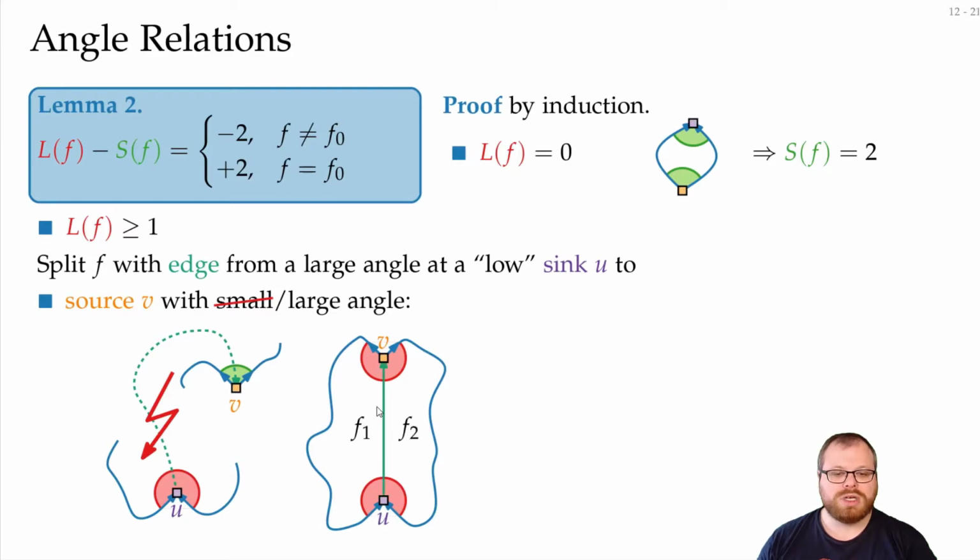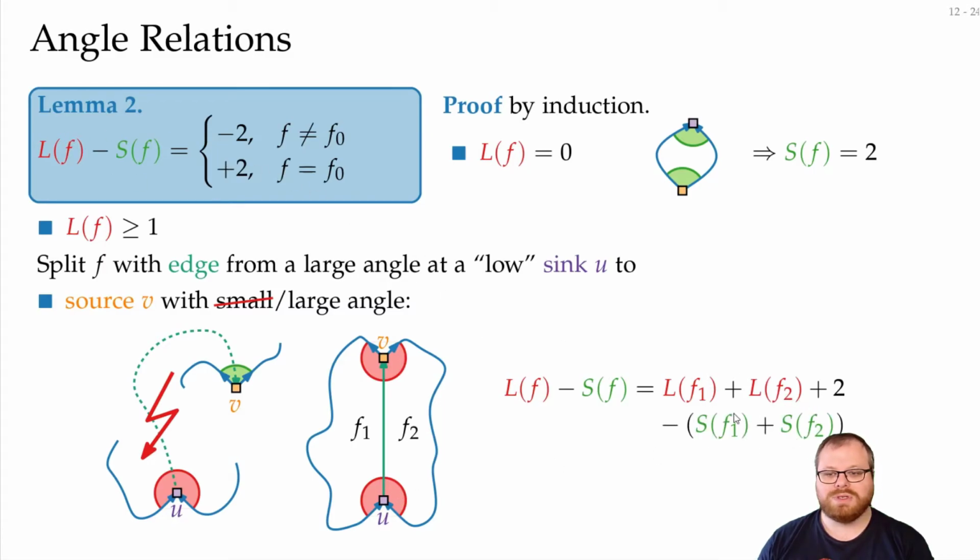Well, then we can split it here. We again get two faces f1 and f2, and both these large angles don't exist here. So the number of large angles decreases by 2, and the number of small angles is exactly the same. Again, we use induction here, and we get a -2.